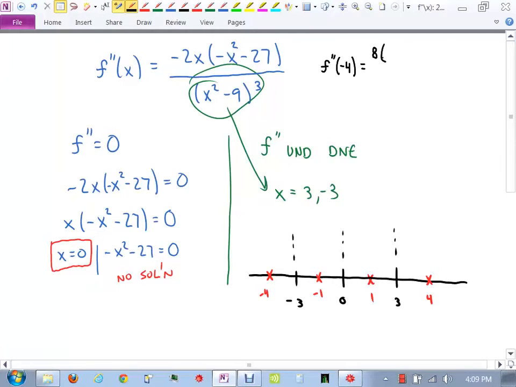What can you tell me about the negative x squared minus 27? What will that always be? A negative number. So I'm just going to put negative in there because I really don't care. And then what about the bottom? When we plug in -4, you get -4 squared is 16. Take away 9. Positive, and then cube, positive. So we get a positive on bottom. So that's negative, right? What does that tell us about our function? Be careful. Concave down.